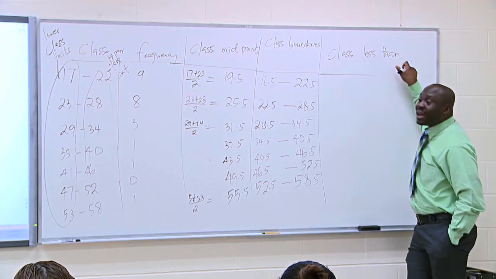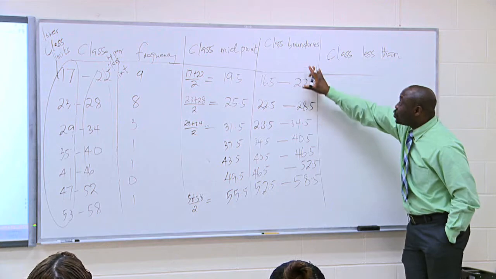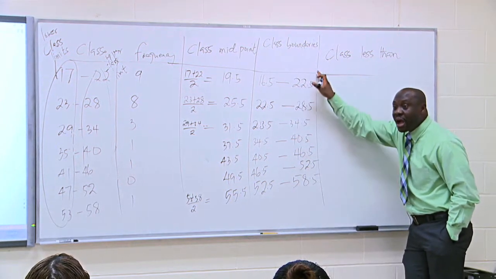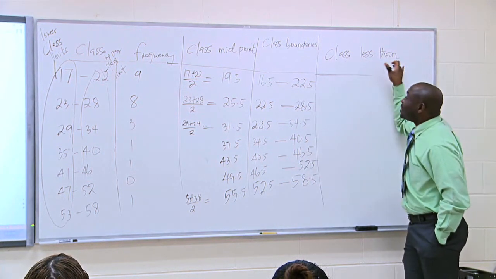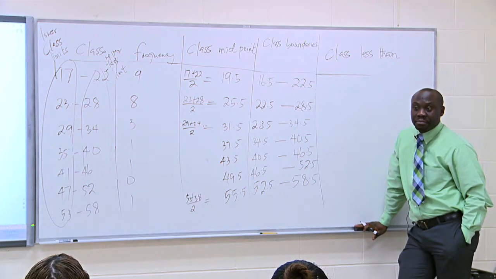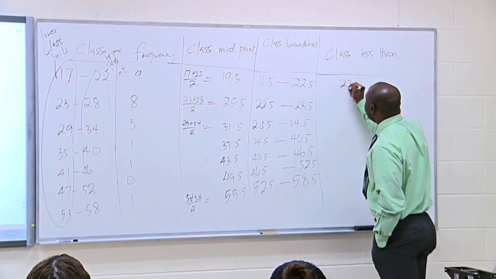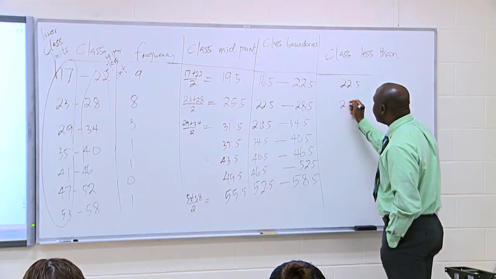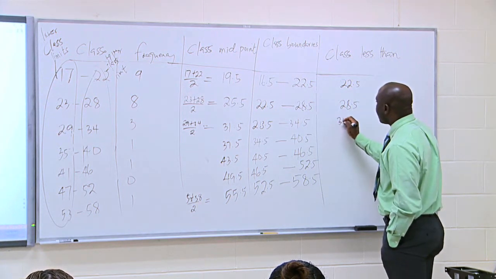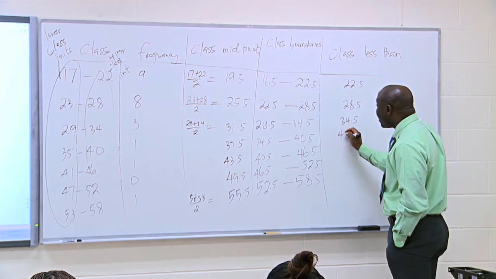If I want to find a class less than, all I have to do is copy all the upper boundaries, because the upper boundaries are the same as the class less than. So this is 22.5. I'm just doing copy and paste. It's simple, so don't make it difficult.